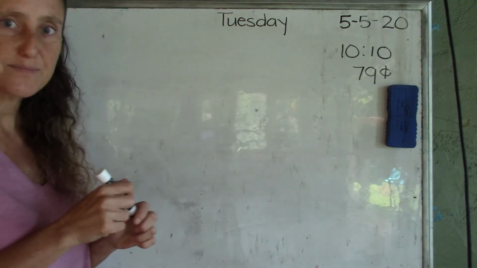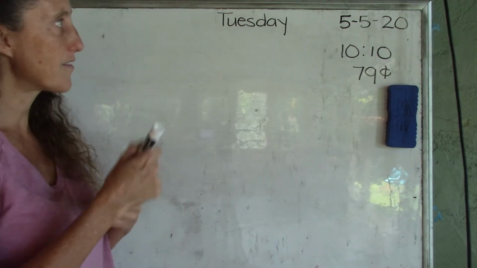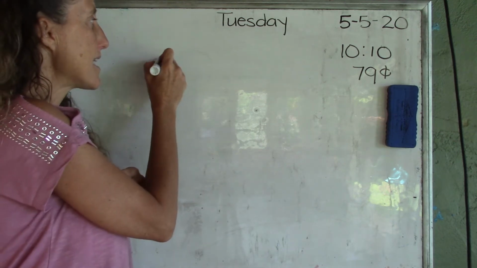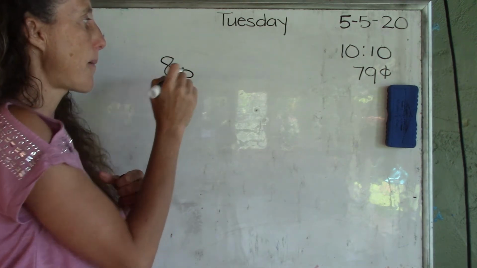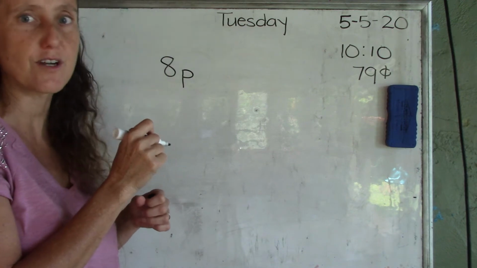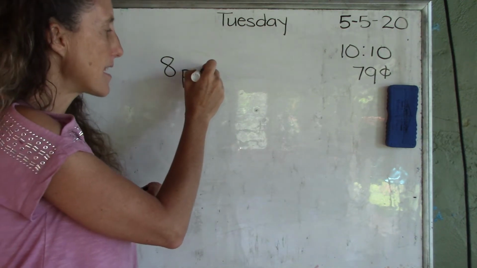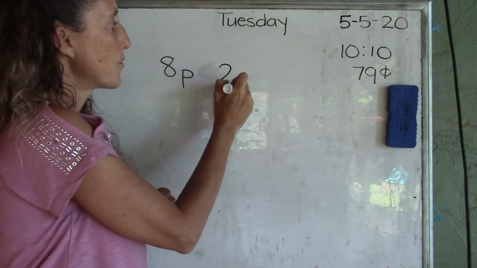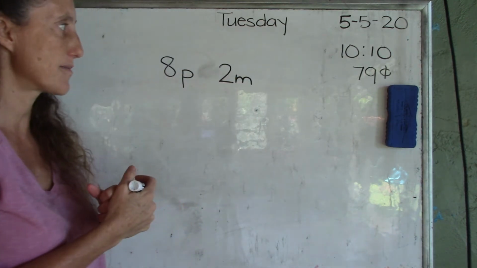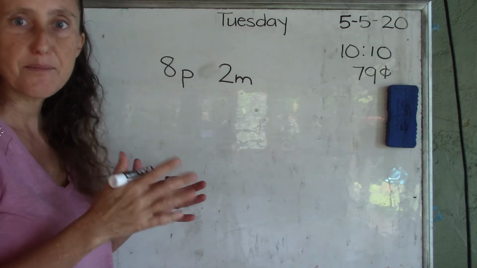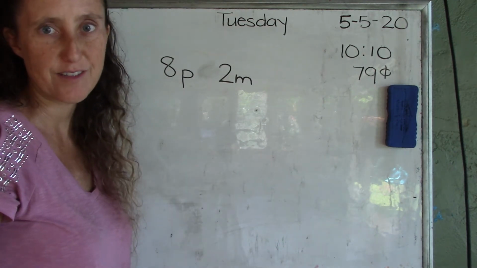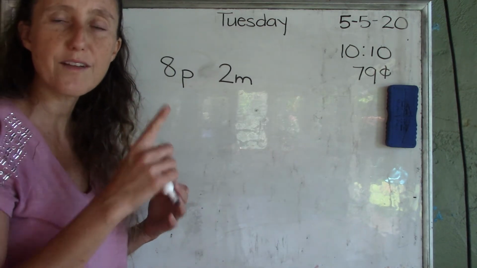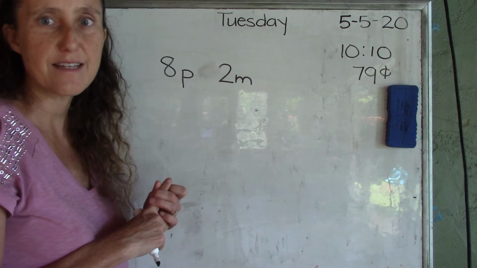All right, kindergartners. So if you look through your pencil box and you count that you have 8 pencils, I'm going to put P for pencils because pencils start with P. And you also see that you have 2 markers. I'm going to put M for markers. But someone lost their pencils, and you are very generous and kind, so you share one of your pencils with your friend.